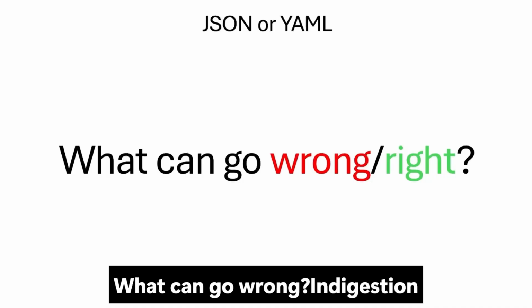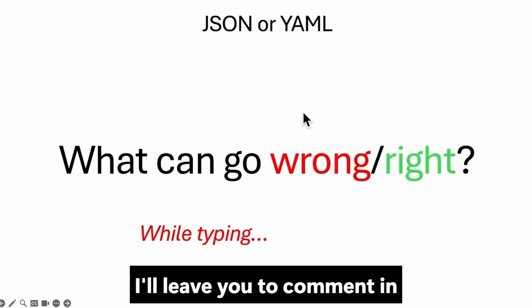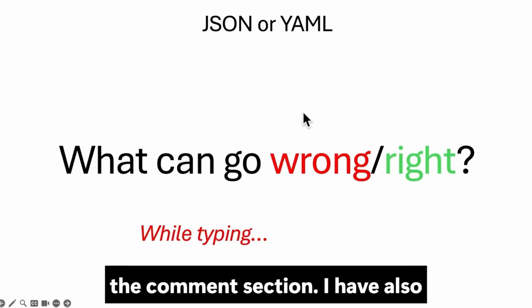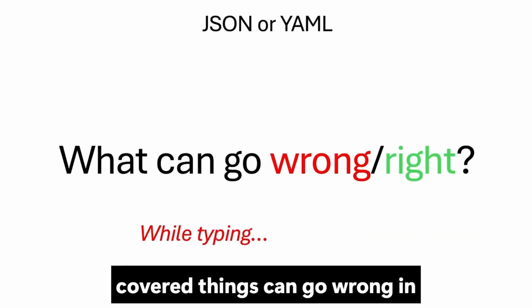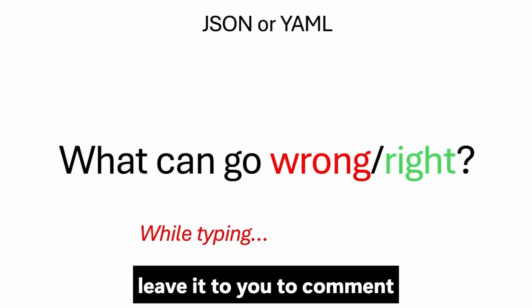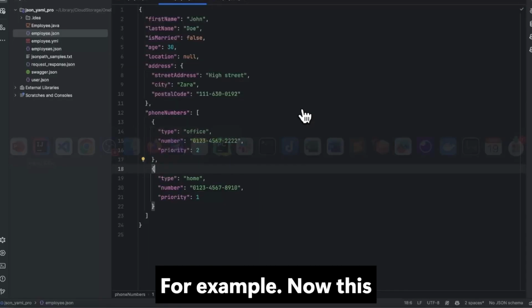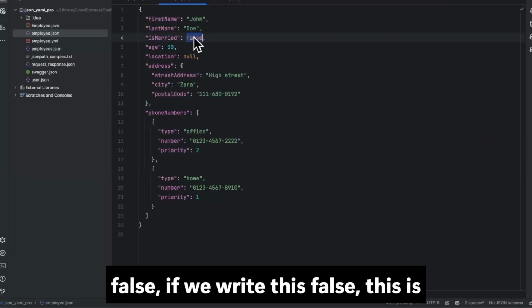What can go wrong in a JSON or YAML file? This is something I'll leave to you to answer in the comment section. I have also covered things that can go wrong in JSON in earlier videos, but I leave it to you to comment where things can go wrong. For example, now this false.